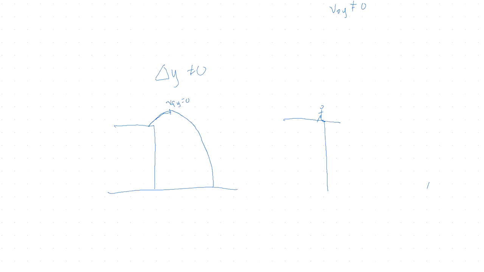So, kunwari, tinapon mo yan pababa dito, with the initial velocity. So, yung initial velocity mo is in negative angle. So, negative theta. So, isang example niyan, kunwari, kapag i-drawing mo yung vector, this is your initial velocity. So, you have negative angle kasi tinapon mo pababa.